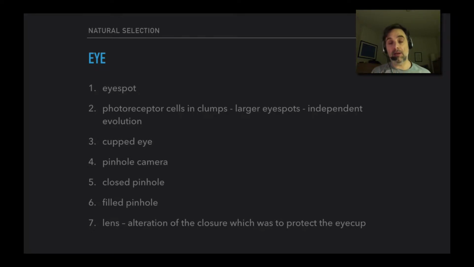So when an offspring mutates a little bit, and the skin gets a little bit more cupped, that organism is going to be even more likely to survive, and so that cupped eye is then going to spread throughout the population. And then there are further changes. There might be a little bit of a mutation where there starts to be a little bit of a cover over the eye cup, and then organisms with that little bit of a cover are going to be more likely to reproduce.